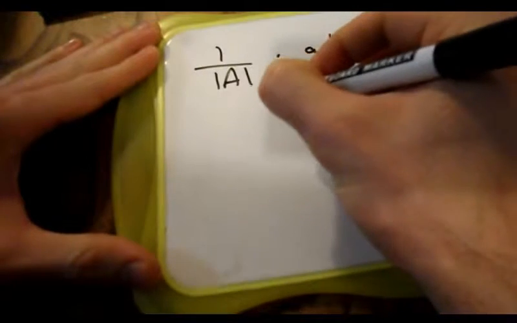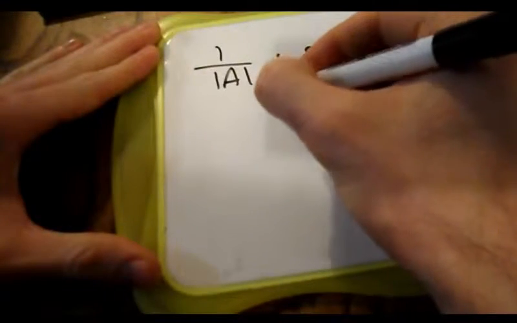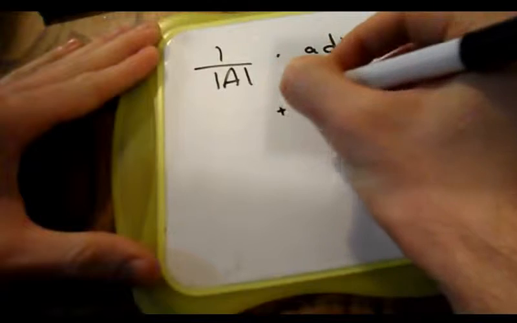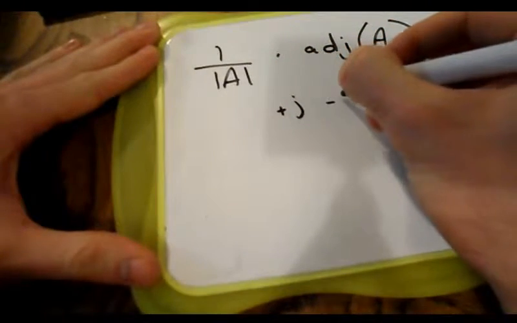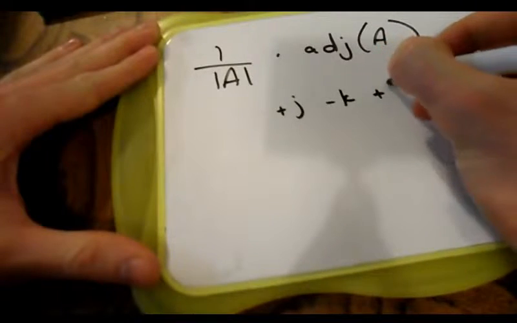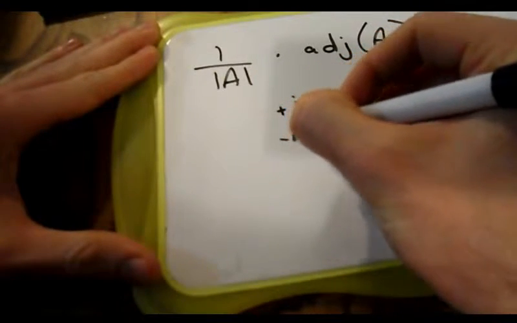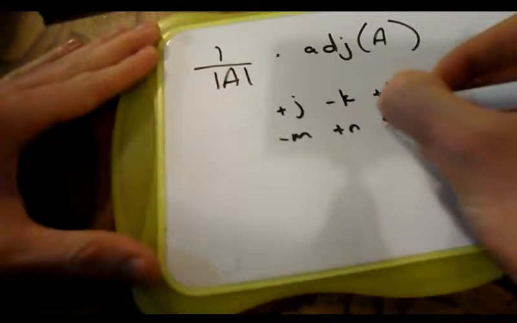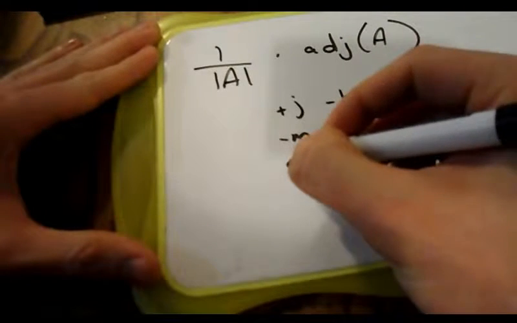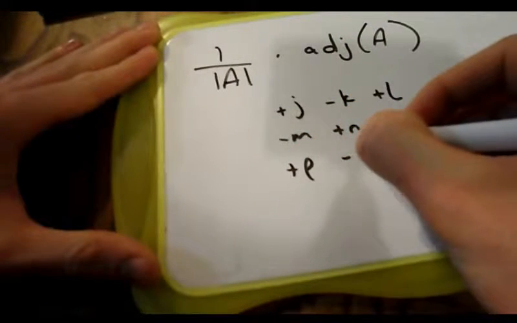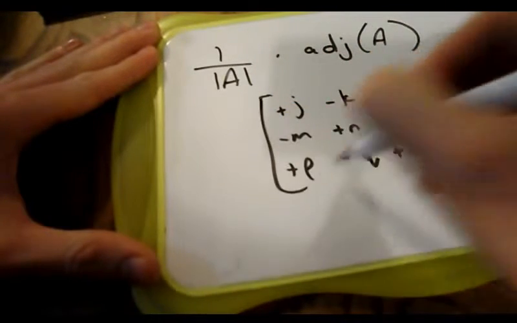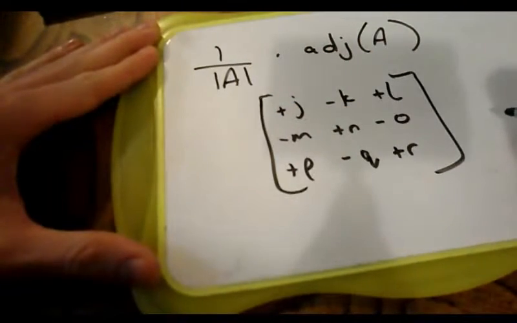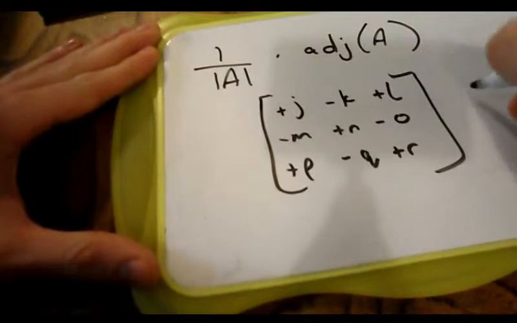So the cofactor, which was, if I remember rightly, plus J minus K plus L minus M plus N minus O plus P minus Q plus R. The adjugate is the transpose of that.